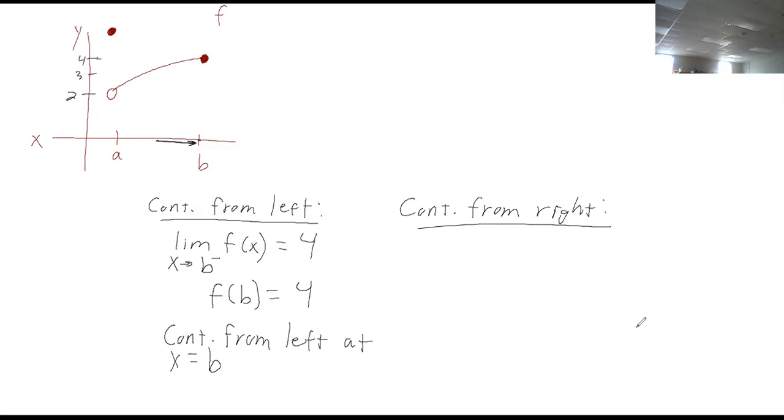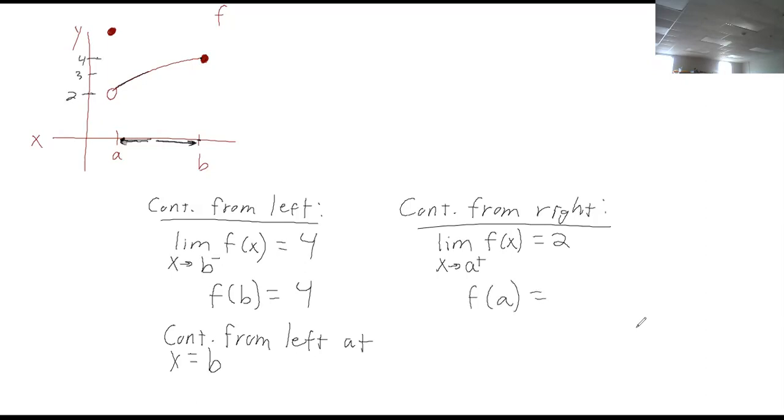Let's look at a right here. Continuous from the right at a. So the limit as x approaches a from the right-hand side of f of x, what would you guess that is? As we approach a from the right-hand side, this function is approaching this output value of 2. So I'd say it looks like it's 2. How about f evaluated at a?